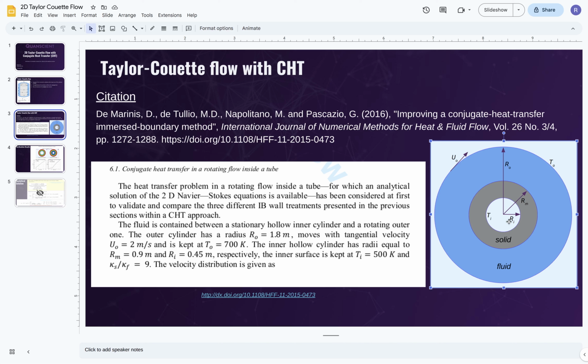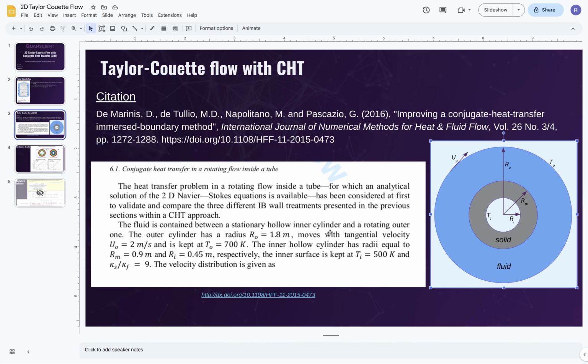There are three cylinder radii of interest: Ri, equal to 0.45 meter, is the inner cylinder radius; Ro is the outer cylinder radius, equal to 1.8 meter; and the interface cylinder radius Rm is equal to 0.9 meter.